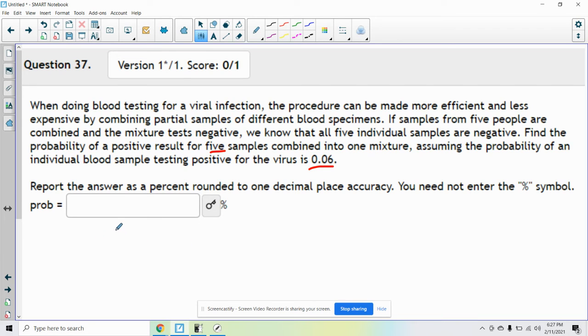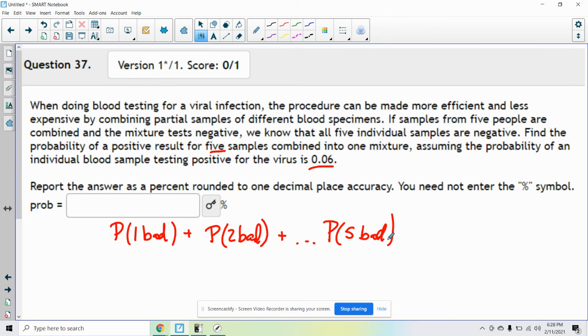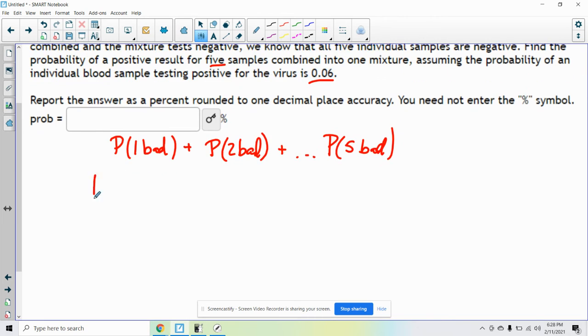So I want to know, okay, instead of finding the probability that 1 bad, plus the probability that 2 bad, up to the probability of 5 bad, I can just find the complement. I can do 1 minus the probability that none are bad.